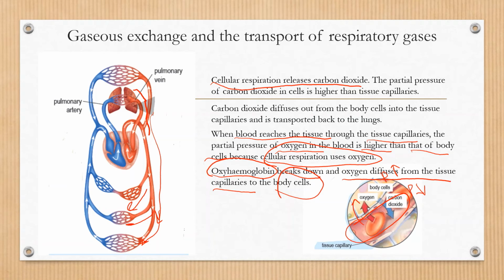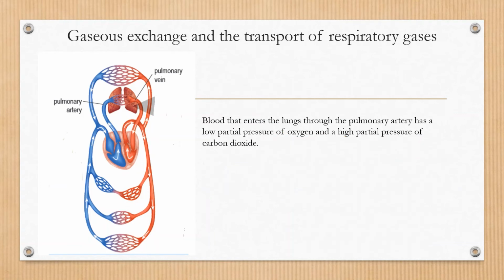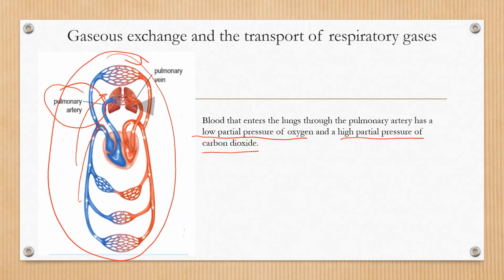Then, the carbon dioxide will diffuse from the body cell into the tissue capillary. The blood will go back to the lung through pulmonary artery. So pulmonary artery has a low partial pressure of oxygen and high partial pressure of carbon dioxide. So the cycle will repeat again.